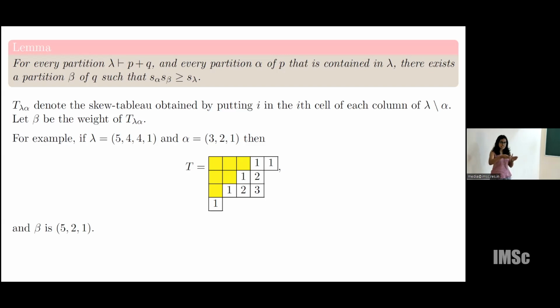The second row in each column will be filled with a 2, and so on. For example, if I have lambda equal to 5, 4, 4, 1, and alpha is that shaded region, then I need to find a beta such that this forms a Littlewood-Richardson tableau, where the reverse row reading word is a lattice permutation. So this is the way we will be filling. Every time, the number of times one appears will definitely be greater than the number of times two appears when we are reading from left to right.